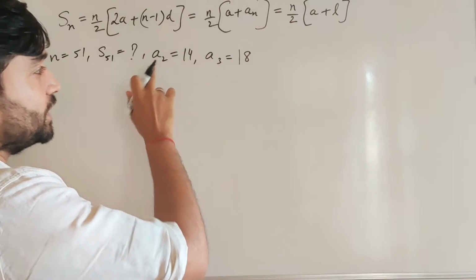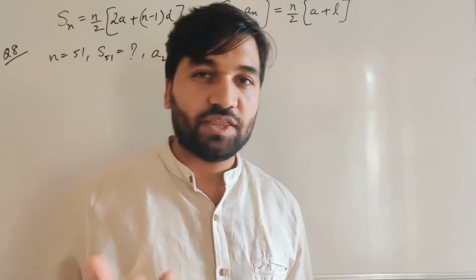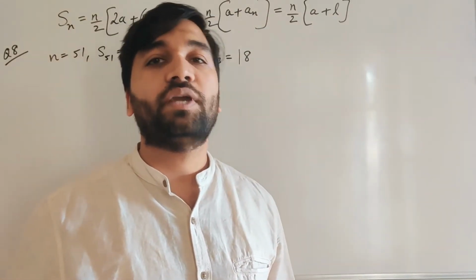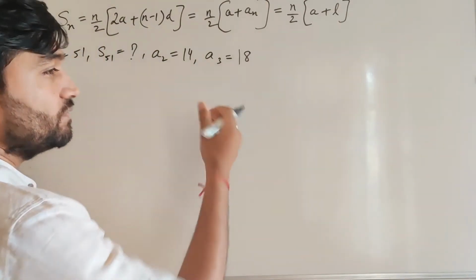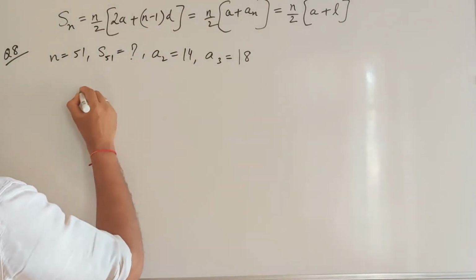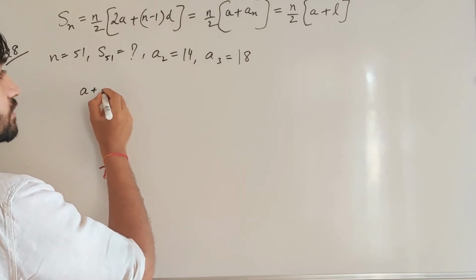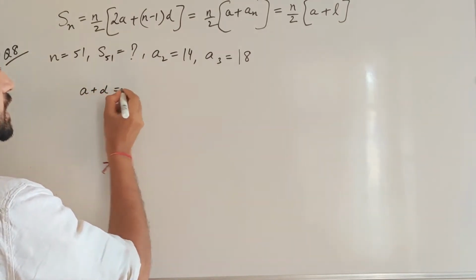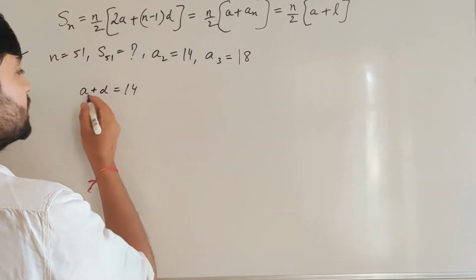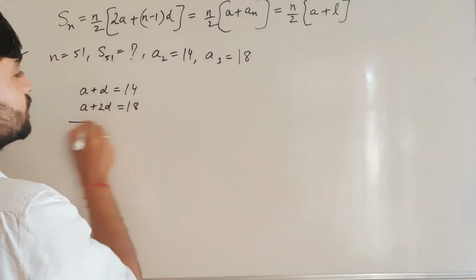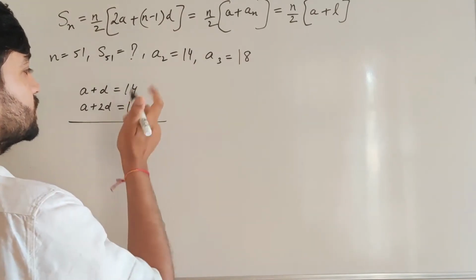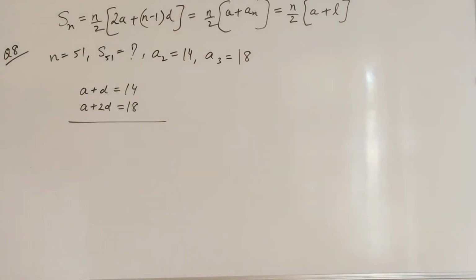Now you see A2 and A3, they are of the form an, nth term, and an we know the formula a plus n minus 1 into d. So for A2 and A3 we'll use the respective formulas. A2 becomes a plus 2 minus 1, which is 1d, is equal to 14 and A3 becomes a plus 2d is equal to 18. So we solve these two equations using elimination method.